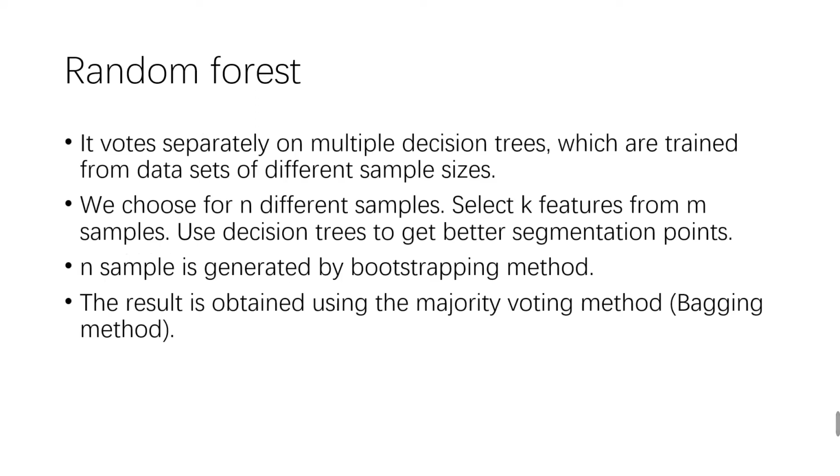The exact method is that we build a lot of decision trees, and these decision trees each choose n different samples by the bootstrapping method. And then we use the bagging method to do the majority voting.